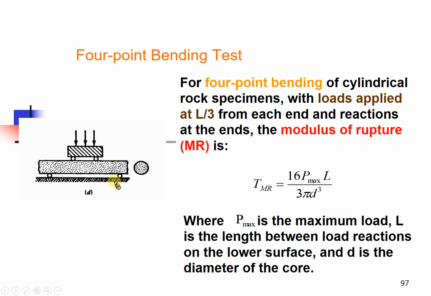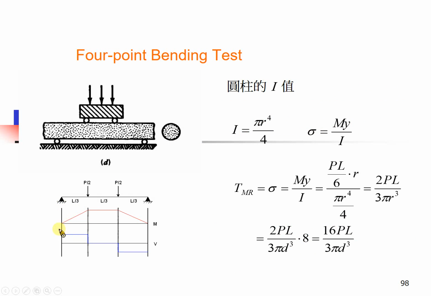You did this in your second year. Do you still remember this? You will draw the shear diagram and draw the moment diagram, right? You will have the moment diagram like this, and a shear diagram like this.